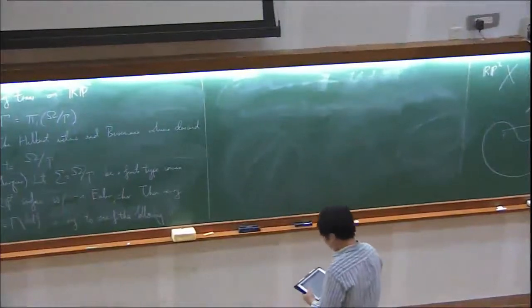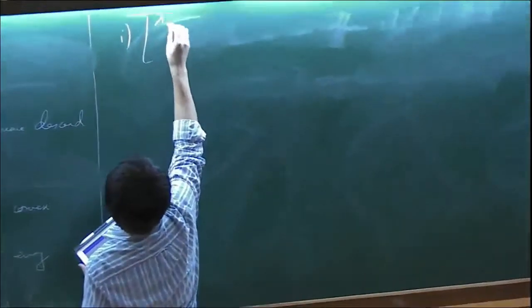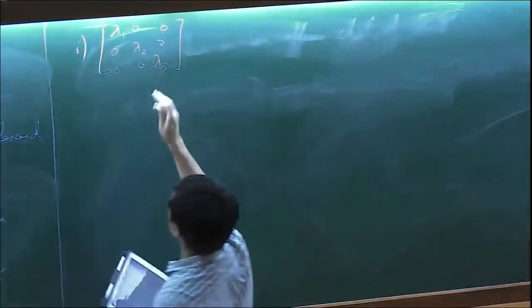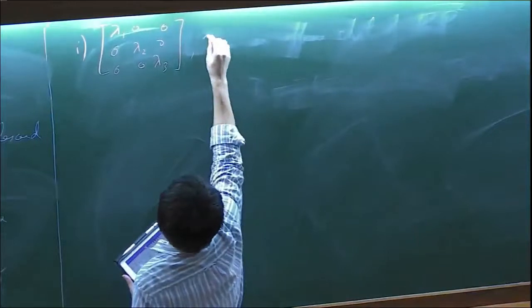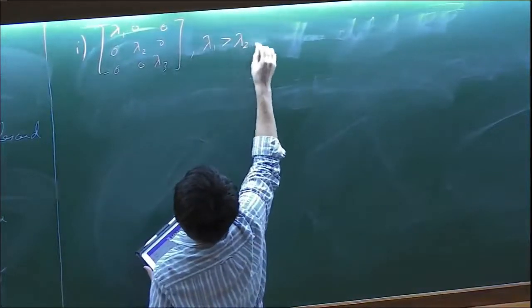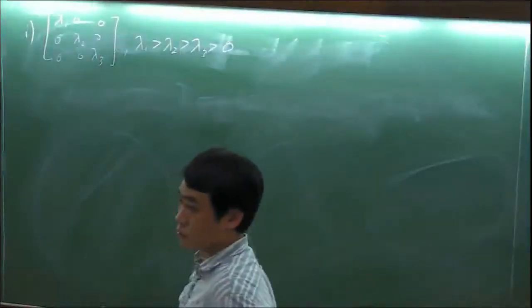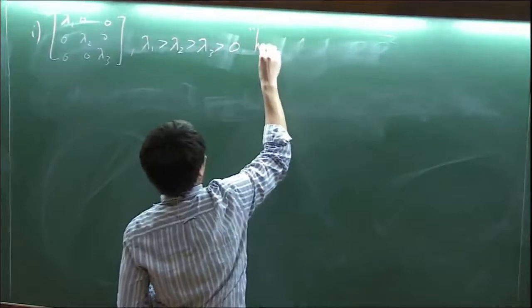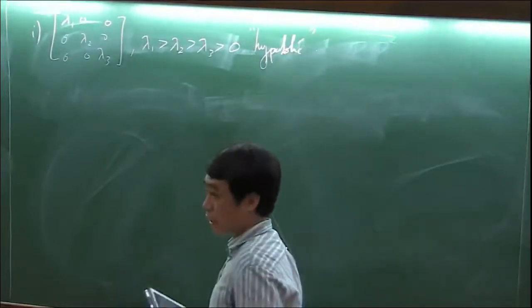Okay, so the first possibility is that gamma is conjugate to something diagonal, where all three eigenvalues are distinct and of the same sign. So I can assume that lambda 1 is larger than lambda 2, which is larger than lambda 3, which is larger than 0. We call this type of element hyperbolic.